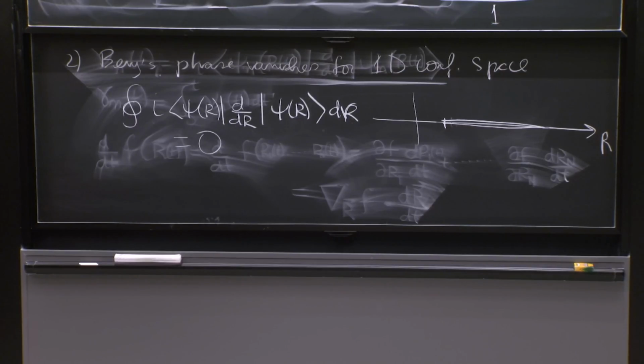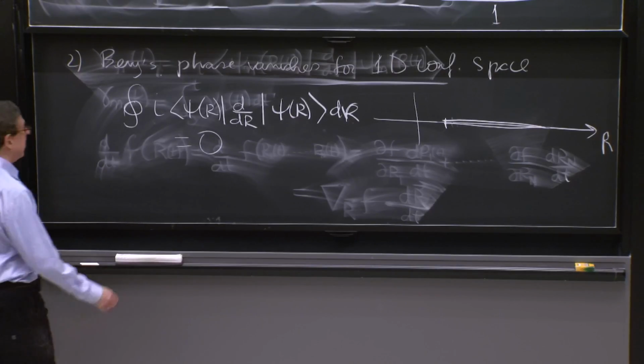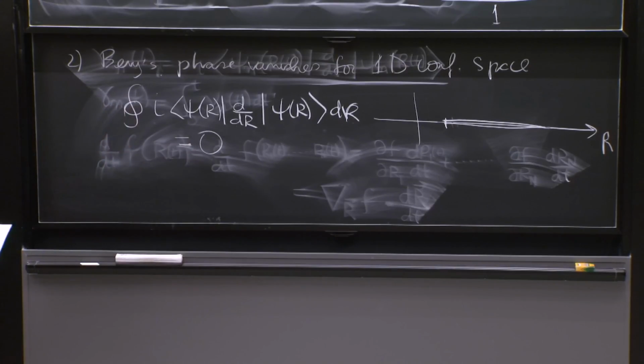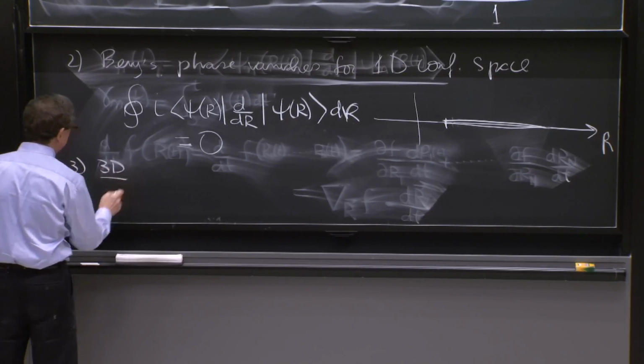But you can get a Berry phase in 2 dimensions, in 3 dimensions, and there are several examples. I'll mention one example, and then leave Berry's phase for some exercises. So in 3D, for example, 3D is kind of nice.